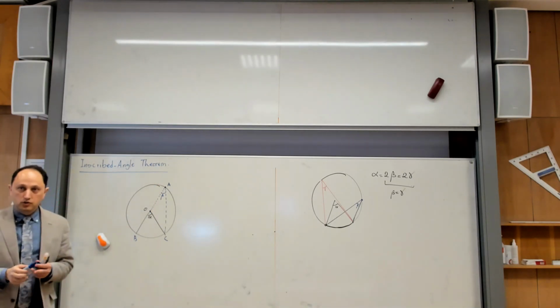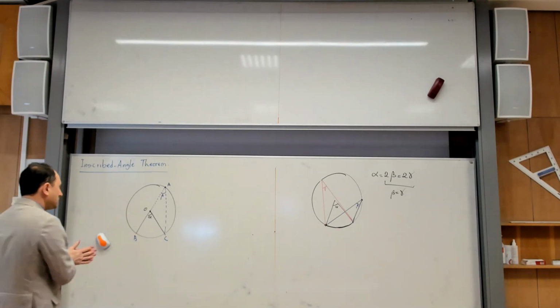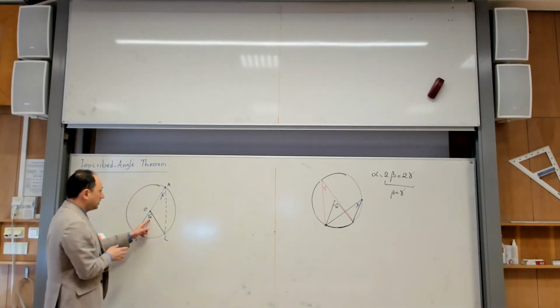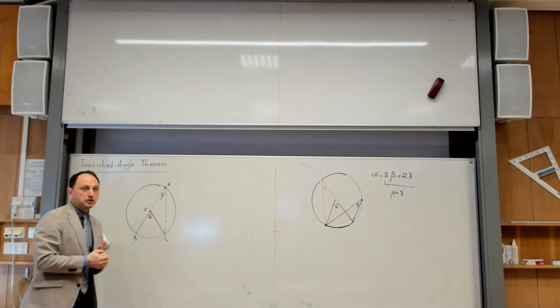Let us consider this case first and convince ourselves that in this particular case alpha is two times larger than beta.